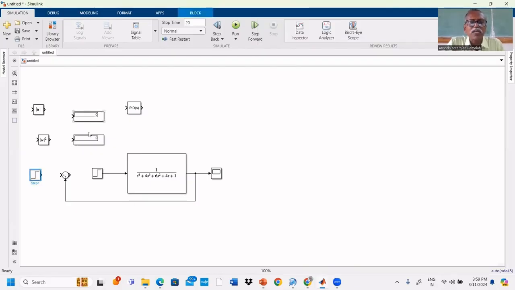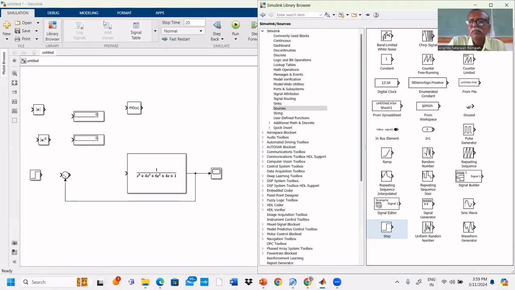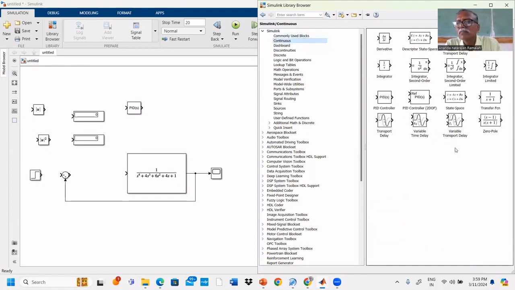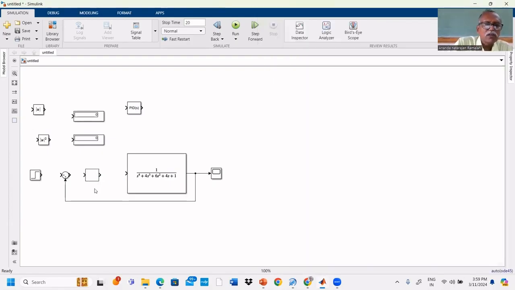These two are display, to display IAE and ISE. So the PID block we got.